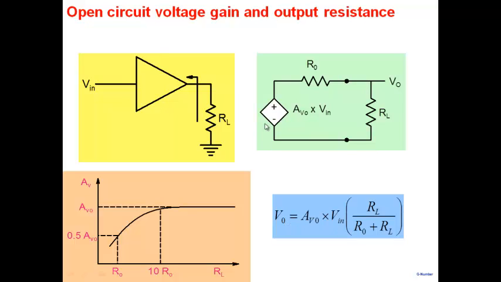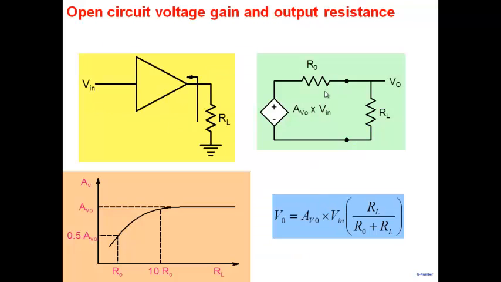As a rule of thumb, we can say when my load resistance become less than or equal to 10 times R0. 10 times R0. Because as I start decreasing the load resistance beyond 10 times R0, of course the load then we are on this particular curve. Okay? So this could be taken as a sort of a limit here. That if you keep your load resistance larger than 10 R0, then you're okay. You're getting the maximum gain that your amplifier is capable of. If RL is less than this value here, then of course your gain is falling because of R0 effect.